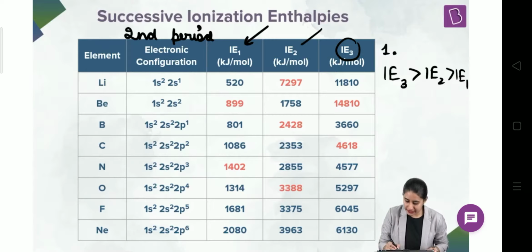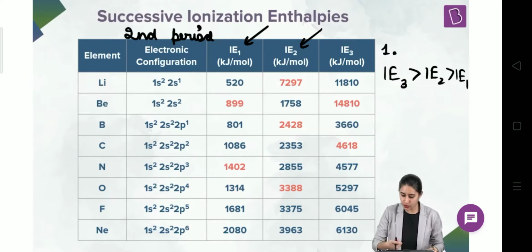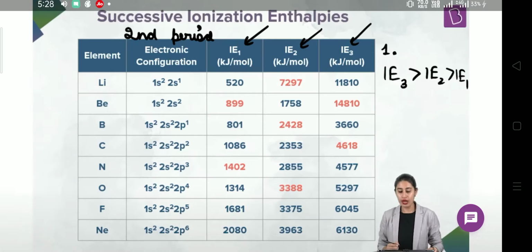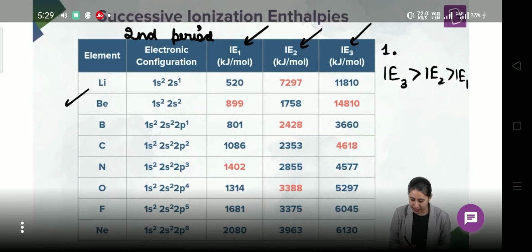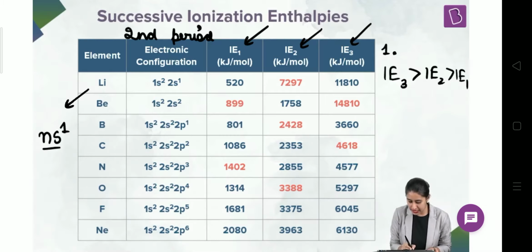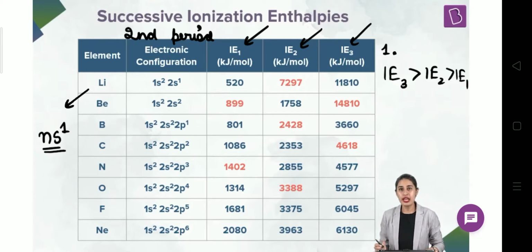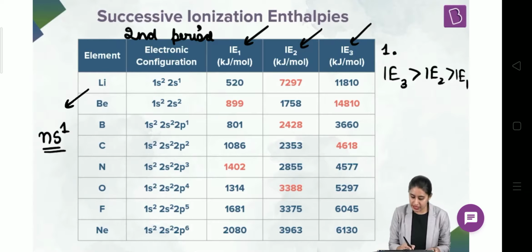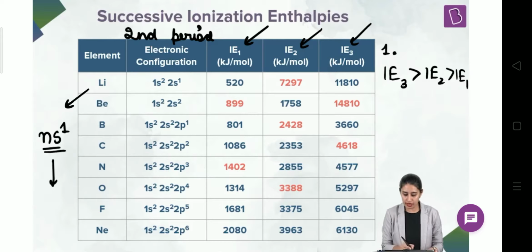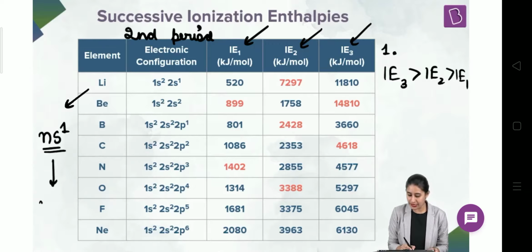Second conclusion, we can see IE1 now. And we can see IE2 now. And we can see IE3 now. We know the general valence shell electronic configuration is ns1. So we know that the moment it gives its outermost electron, it attains the noble gas configuration.